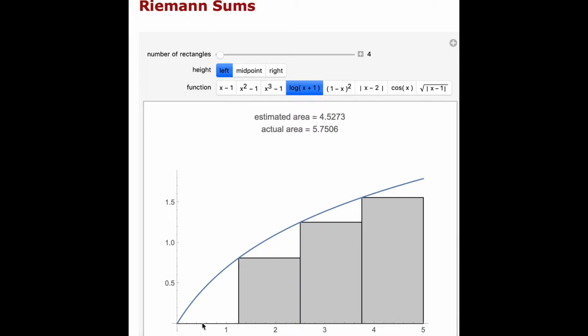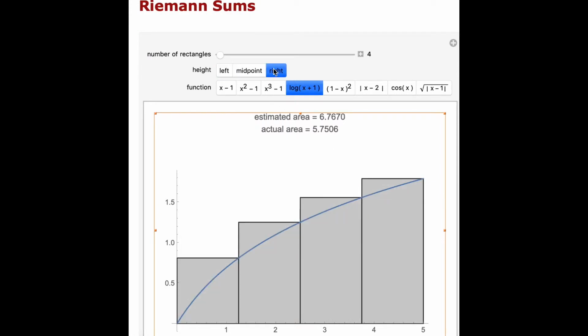Therefore, there could be no rectangle. Looking at my second one, I find my height on the left. Looking at the third one, height on the left. And then finally, for the fourth section, I find the height by finding the function on the left. And this is what's known as the left sum.